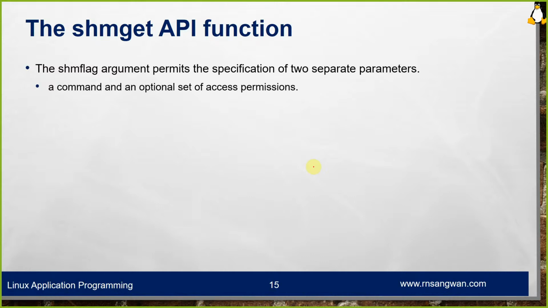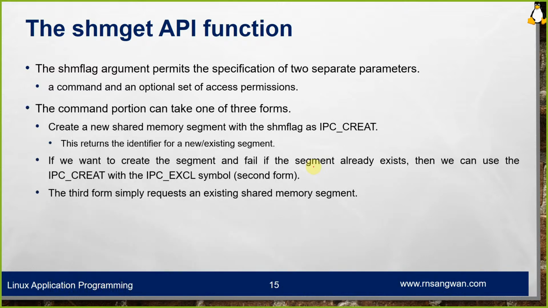So the shmget function, the shmflg argument in this function permits the specification of two separate parameters, a command and an optional set of access permissions, which we learned. Now you see it is a copy paste from the previous topic. Create a new shared memory segment with shmflg as IPC_CREAT. This returns the identifier for a new or existing segment.